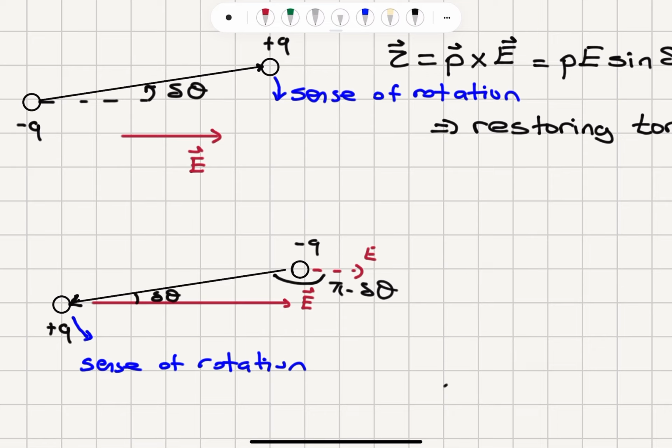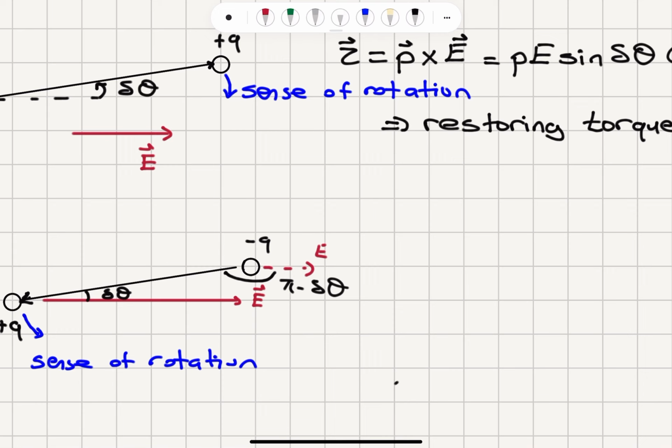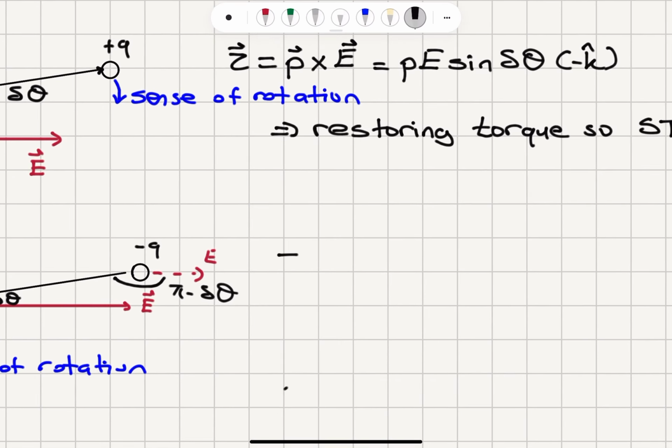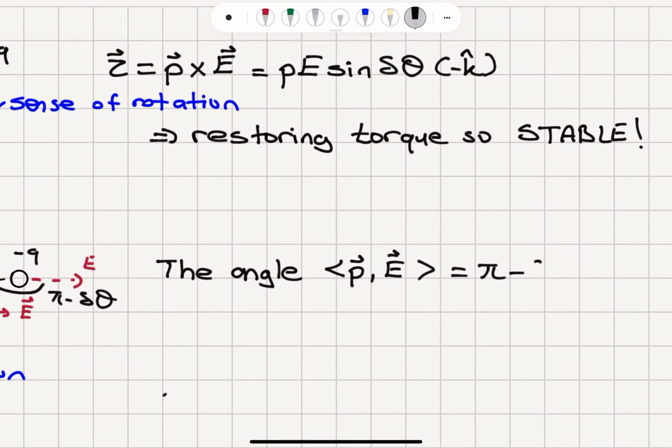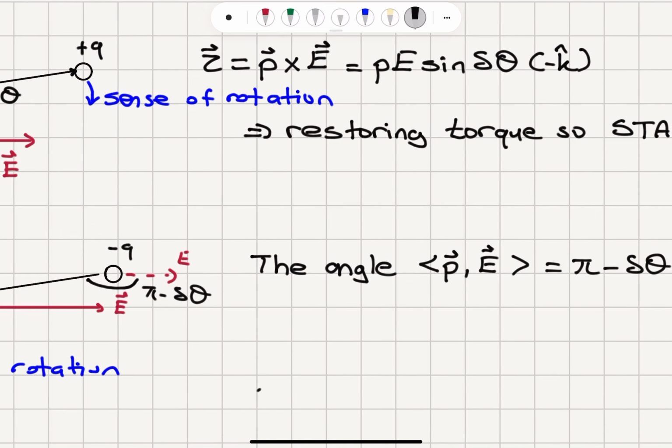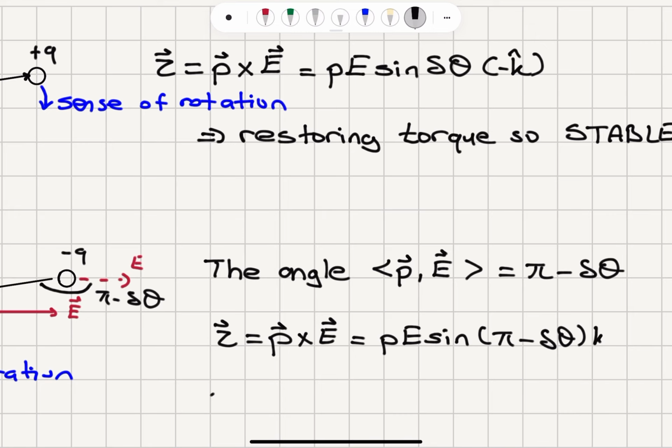The angle between the dipole moment vector P and E here is pi minus delta theta, and the torque P cross E is going to be P E sine of pi minus delta theta in the k hat direction.